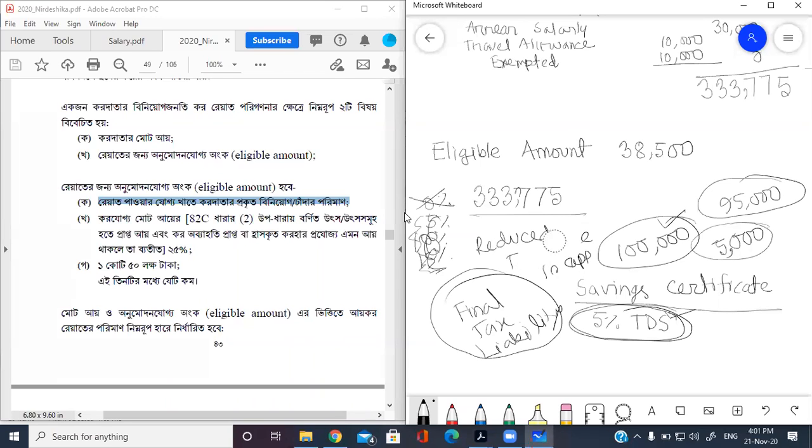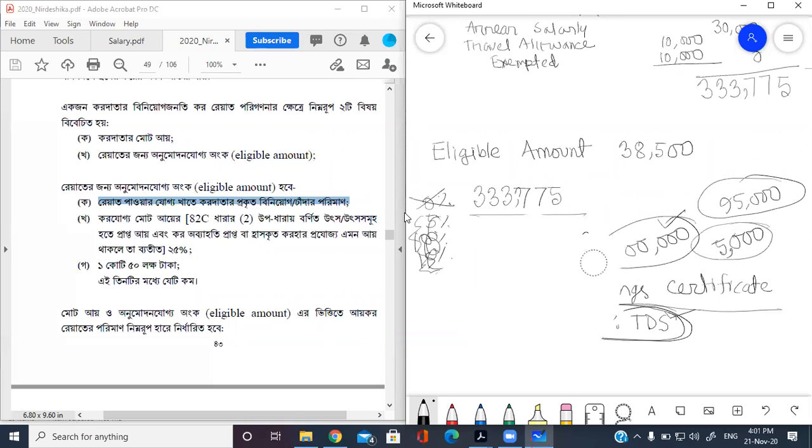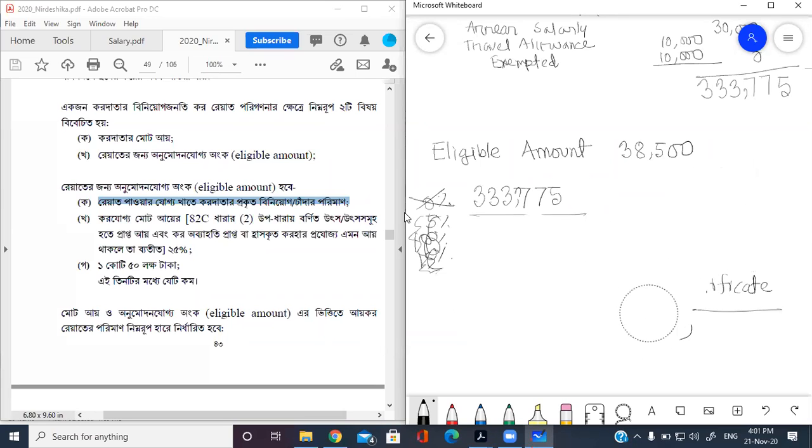So in this case, you need to exclude from the total taxable income those incomes on which a reduced or no tax rate is applicable. I think you already have got the point.